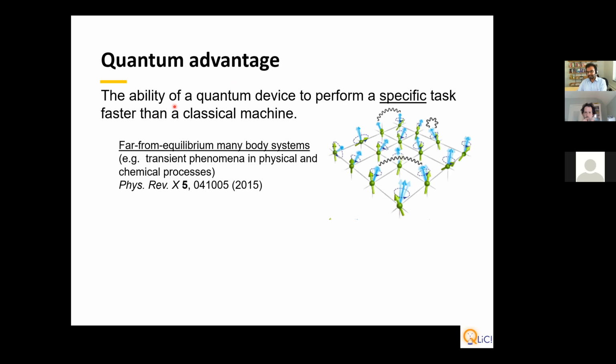Now, an example of these kinds of systems, which are hard to perform on classical machines, is studying non-equilibrium processes in many-body systems. So transient phenomena, which are relevant for studying how a large molecule with several atomic centers behaves, how it evolves, its temporal evolution, and even for that matter trying to find some specific conformational ground states of it.